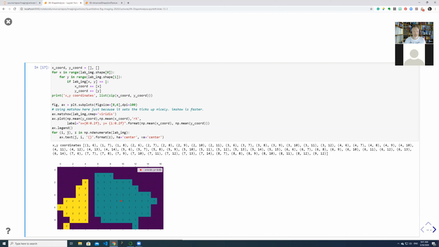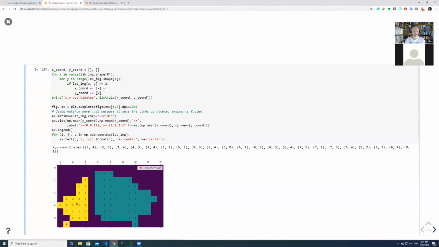If I would now change it to look at only the label 2, then we get the center of the volume in this area. So you can actually pretty easily change it and compute the center of each position.